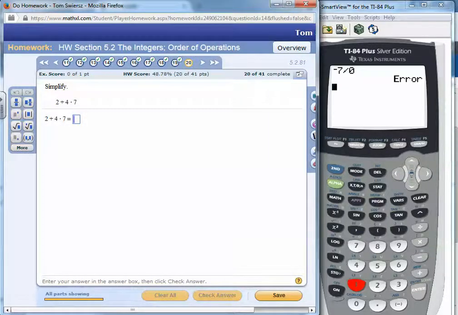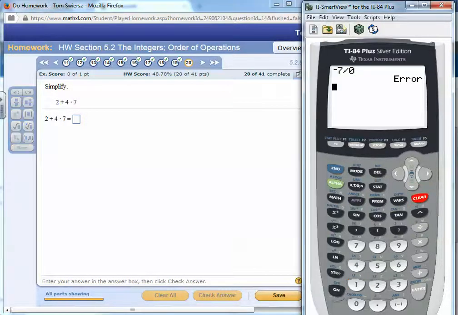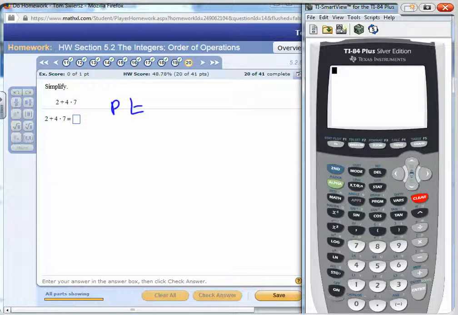Okay, now in this problem, number 20, we have more than one operation. We have an addition and we have a dot, which means a multiplication. Probably you've heard in a math class before, please excuse my dear Aunt Sally. P stands for parentheses.